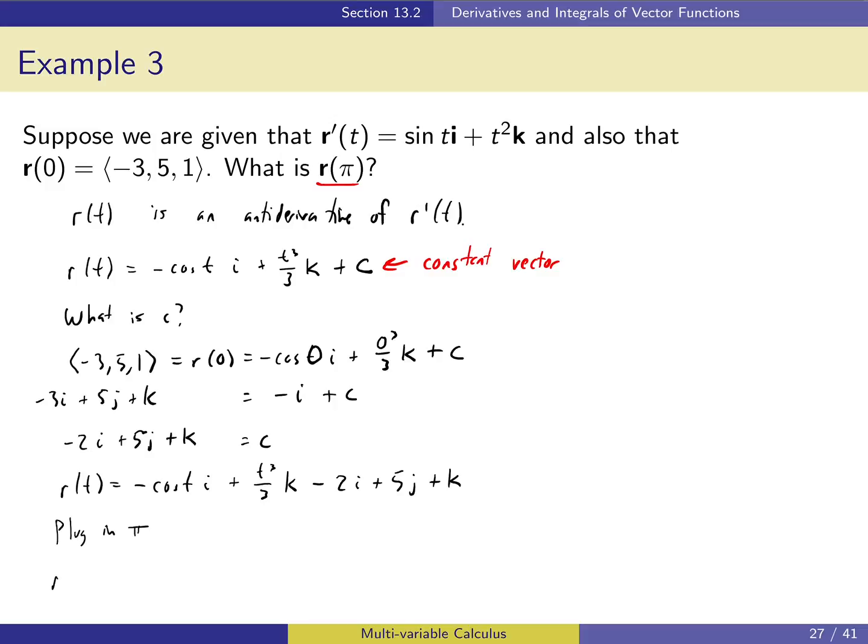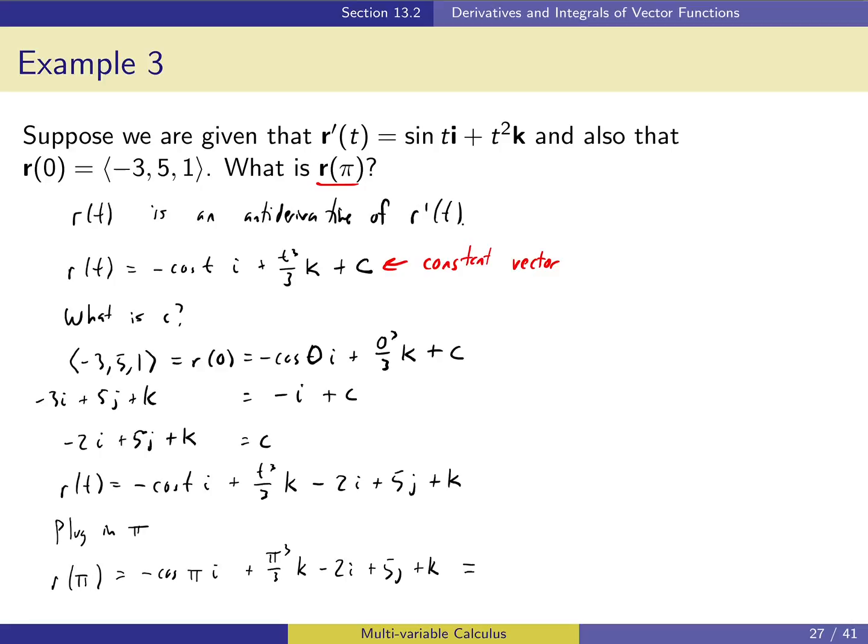And we get r of pi equals negative cosine of pi times i plus pi cubed over 3 k minus 2i plus 5j plus k. Negative cosine of pi is positive 1.